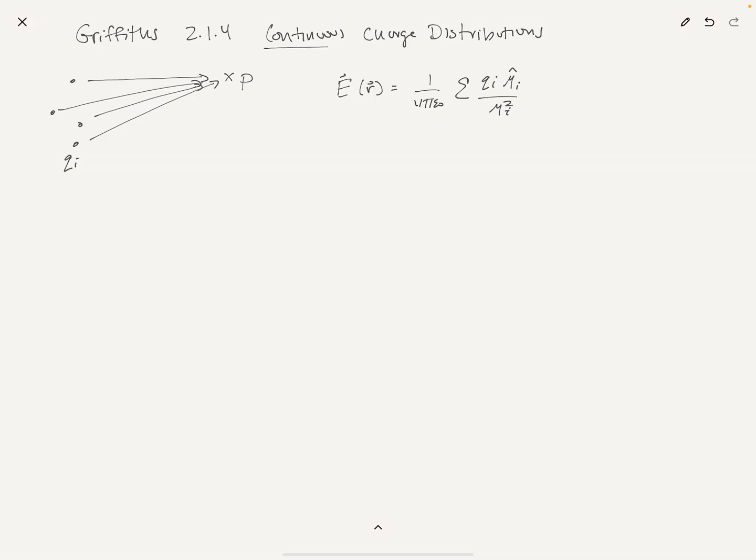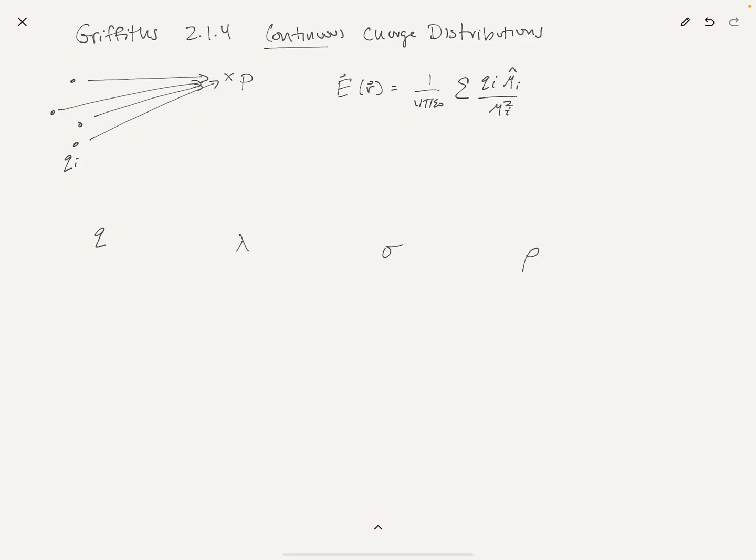So there are analogous versions of charges for every type of dimension that we want to talk about. I have discrete charges, I have line charges, I have surface charges, and I have volume charges.